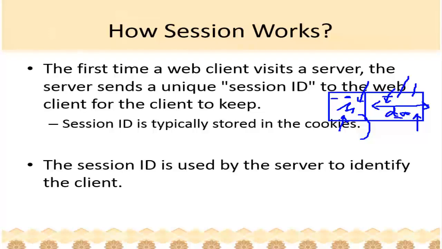Whoever receives this packet must be able to read the header and interpret the content in the header. They may not be able to interpret what is in the payload or the data section, because it may or may not be targeting the same person.